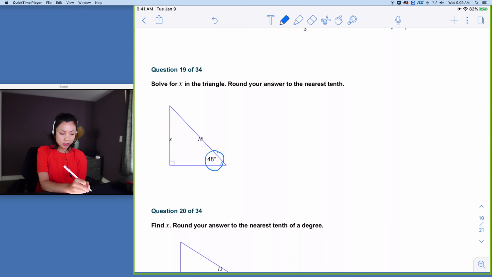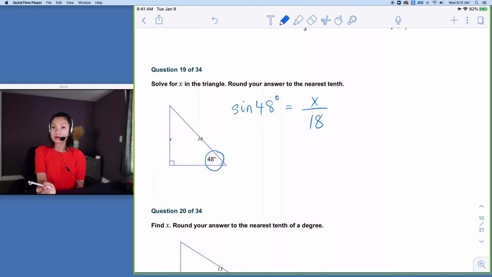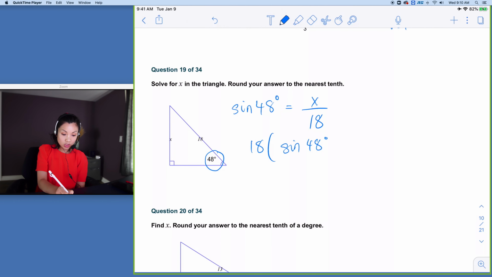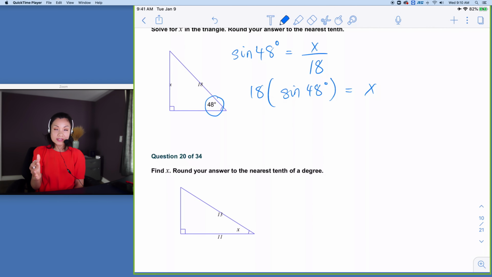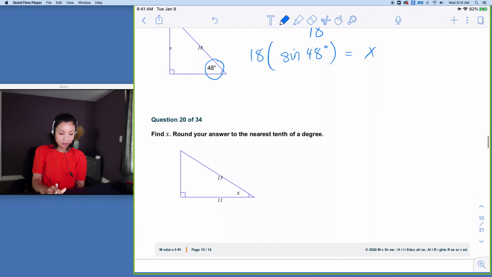The hypotenuse and opposite would give you sine. So I know that sine of 49 degrees is going to be x over 18. And then from here, you just solve for x by multiplying by 18. So if I take the calculator and multiply, I should get the answer. So you just look for what's given to you and go from there.